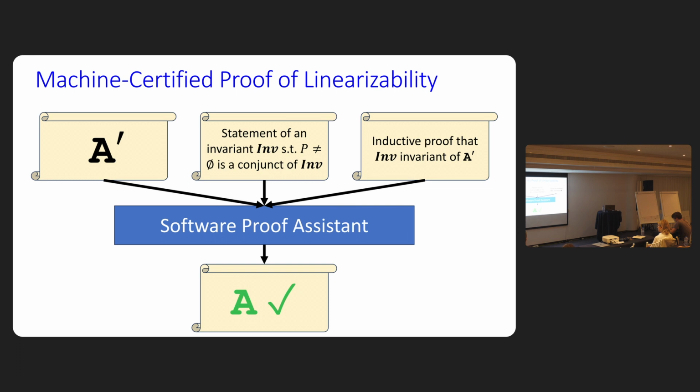And then you want to convince this fellow that this is indeed an invariant of that. So to convince it, you write an induction proof that this is an invariant of this, and you feed that induction proof into here. These are things, by the way, that we do always, writing an invariant and writing an induction proof, except that we do them with paper and pen.